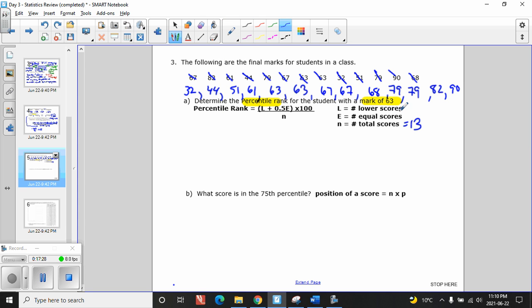All right, so how many scores are lower than 63? Let's see, 1, 2, 3, 4. 4 scores are lower. And then the number of equal scores, is there anything equal to exactly 63? And yep, there's 2 of those.